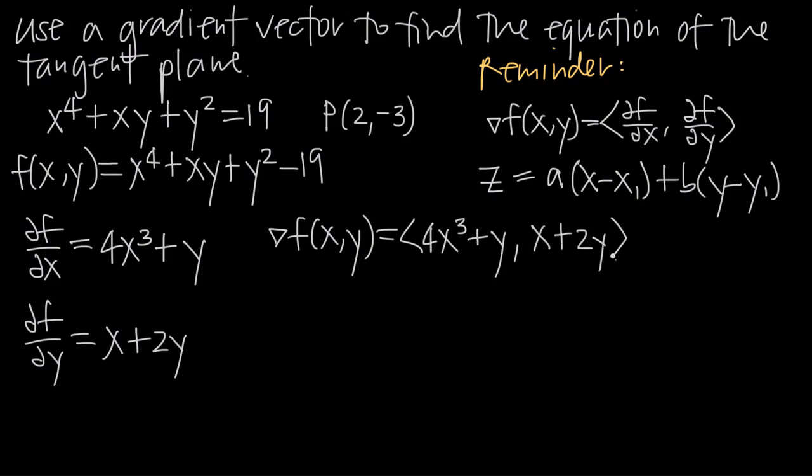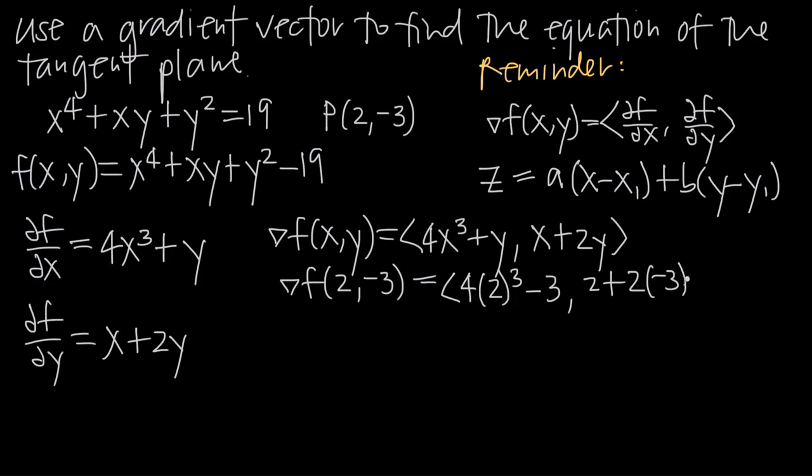Now, if we want to evaluate this at the point of tangency, the point (2, -3), we'll say the gradient of f at the point (2, -3) is going to be equal to, and here we just plug in 2 for x and -3 for y. So what we get is 4 times 2 cubed plus a -3, which is just -3, comma, 2 plus 2 times -3.